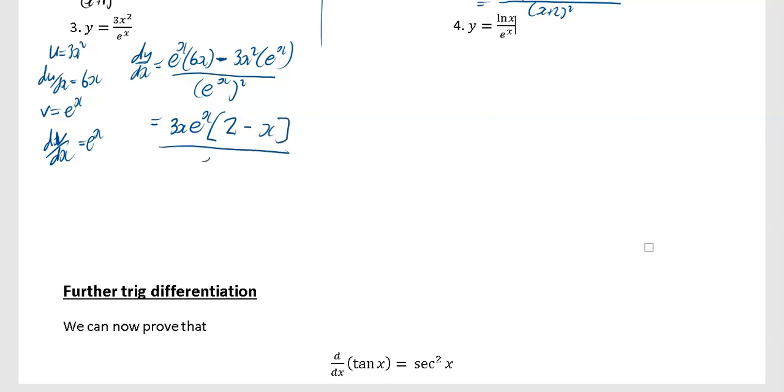And the bottom line was e to the x, and that was squared. Now because I've left it that way, it's easy for me to see that this e to the x here would cancel with one of these e to the x's, so just leaving you e to the x on the bottom line, and top line is 3x upon 2 minus x.